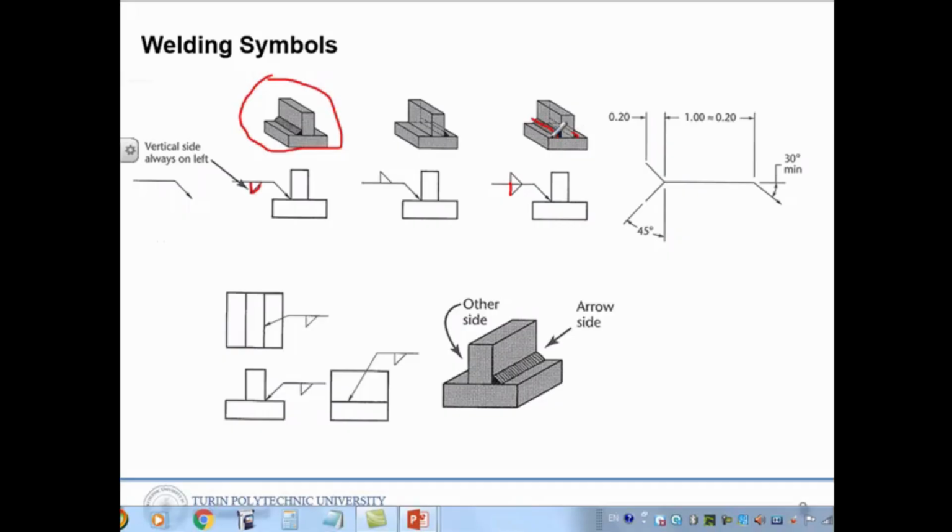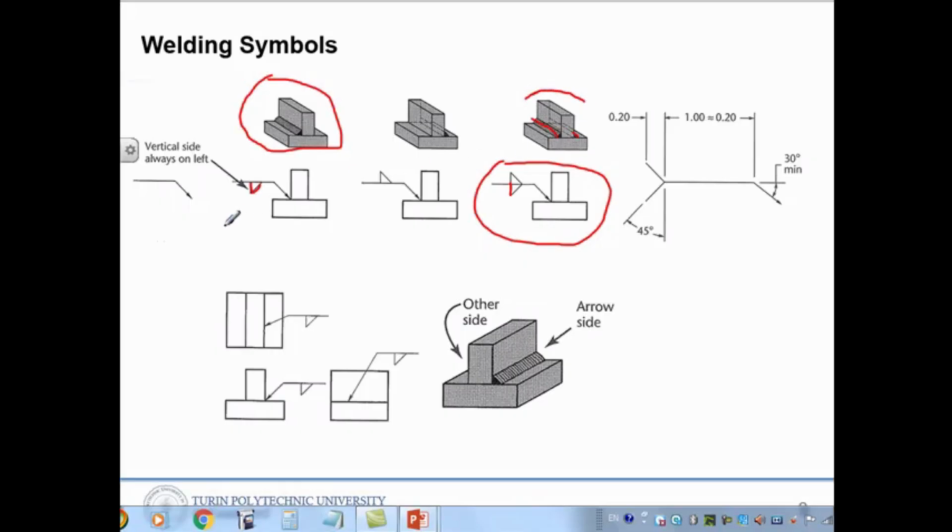Okay, so why are we learning this? Because if you become an engineer, you need to add those requirements, and the operator, based on your drawing, will weld or assemble the part.